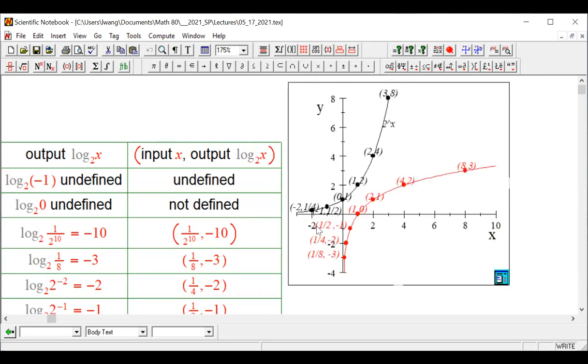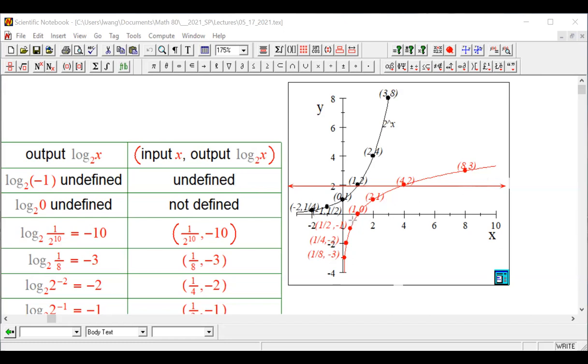And inverse functions have an interesting phenomenon here. One's domain is the other's range. If you look at the horizontal span of the black curve, which is 2 to the power x, it is always larger than 0.